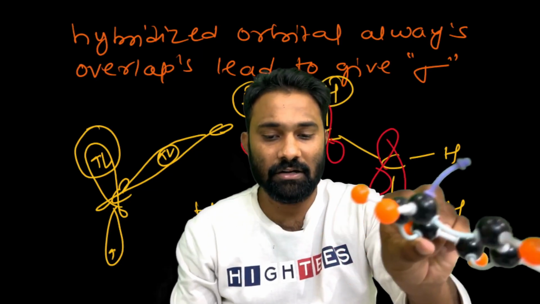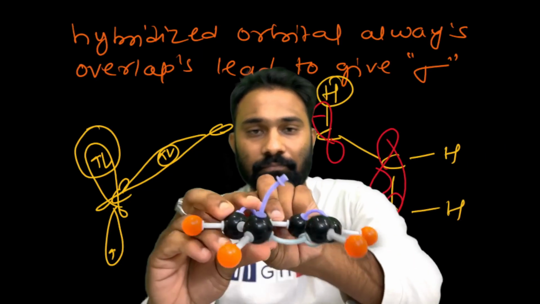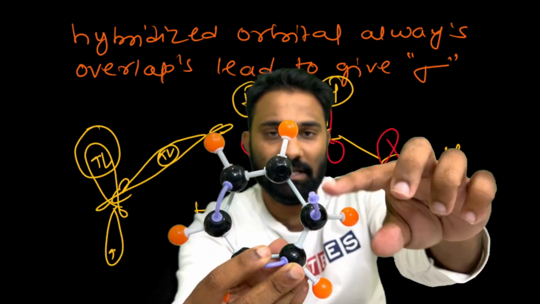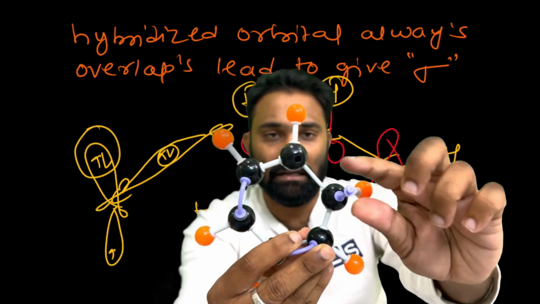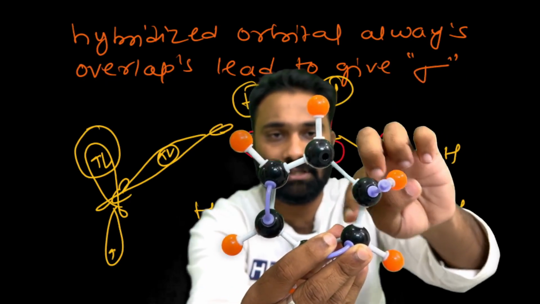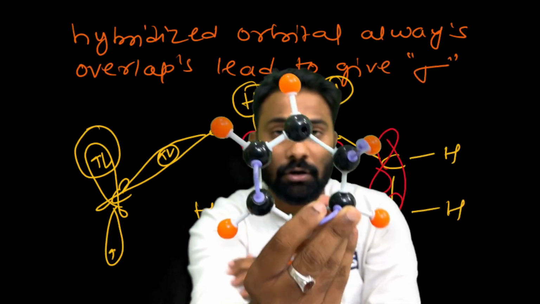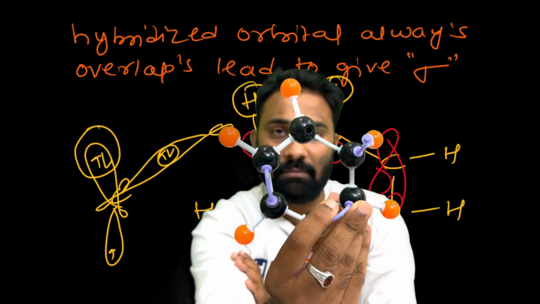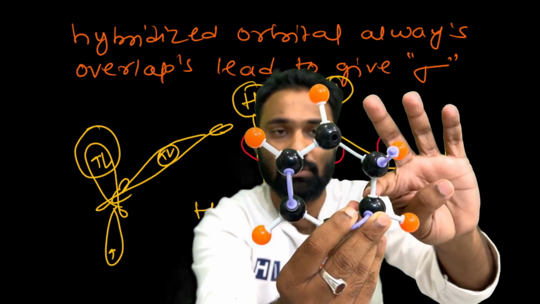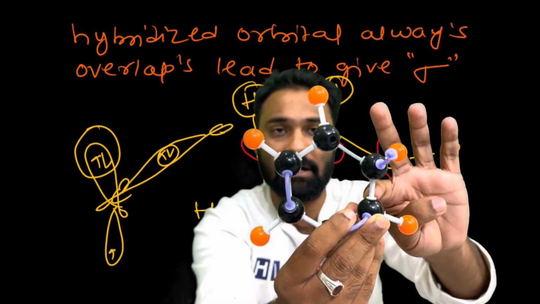You can see in this manner also. So now in the sp2 hybridized carbon, the pure p orbital is always perpendicular to which one? Perpendicular to the hybridized orbitals.